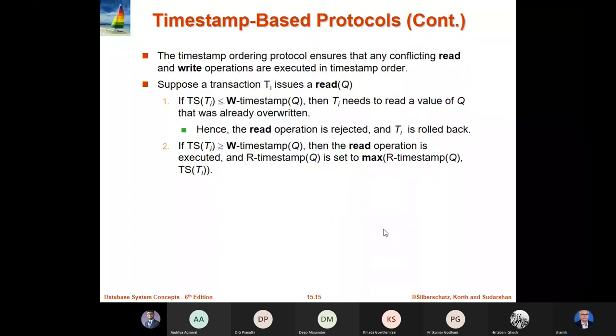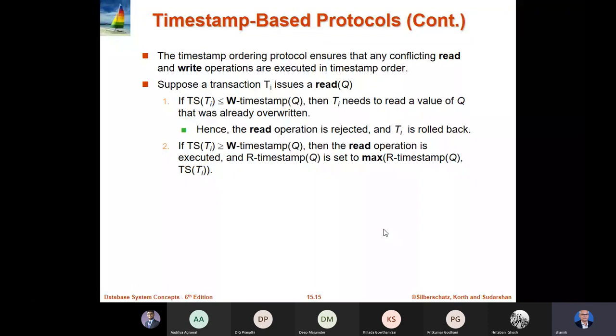Now, what is the protocol? This timestamp ordering protocol ensures that any conflicting read and write operations are executed in timestamp order. So suppose the transaction Ti issues a read Q. Now, if the timestamp of Ti, that is the timestamp of the transaction that has issued that read Q instruction, is less than the write timestamp of Q, then what is happening? Ti needs to read a value of Q that has already been overwritten. Why?